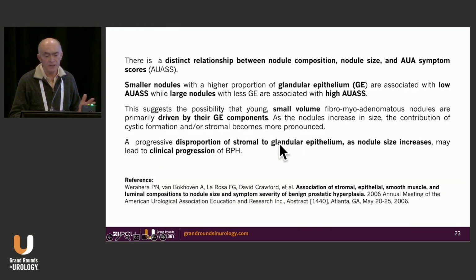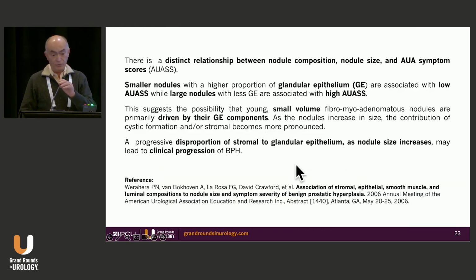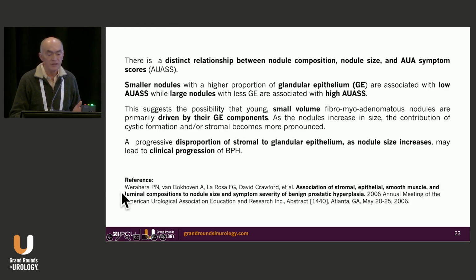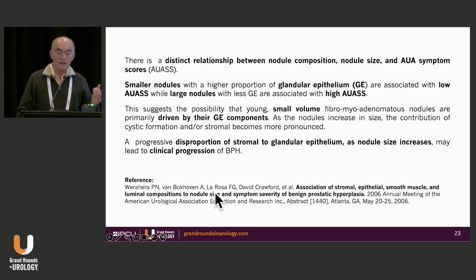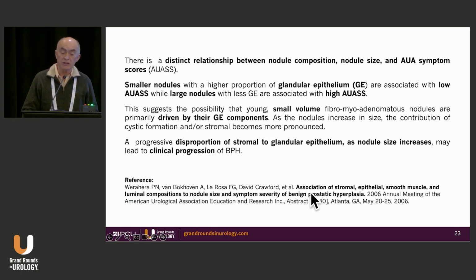Based on that, we identified a very strong association between the stromal, epithelial, smooth muscle and luminal composition in these nodules in BPH regarding the severity or benign behavior of prostatic hyperplasia.